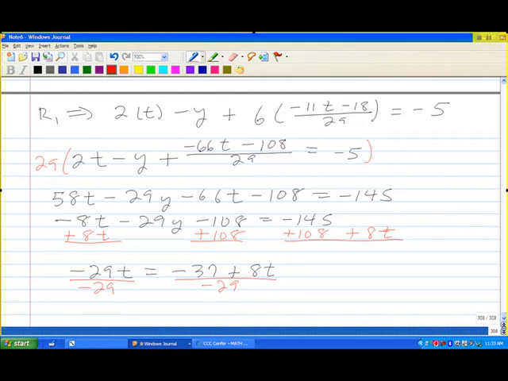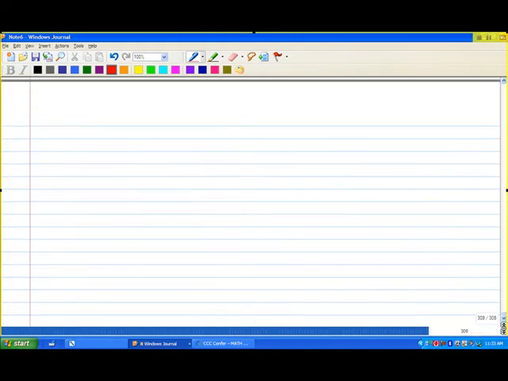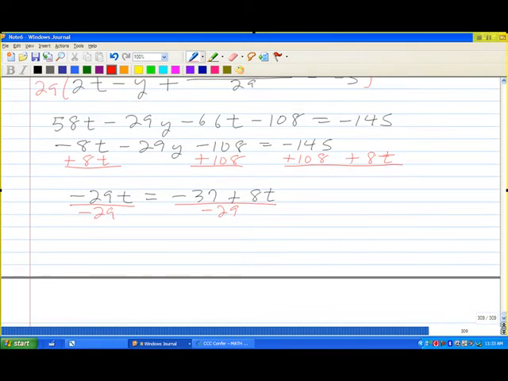The negatives cancel, so I get y equals, changing all the signs, 37 minus 8t over 29.